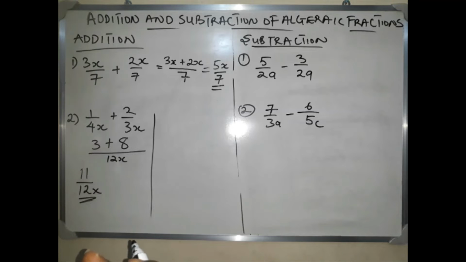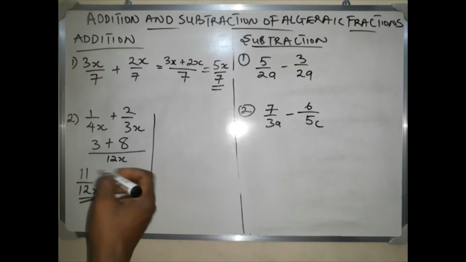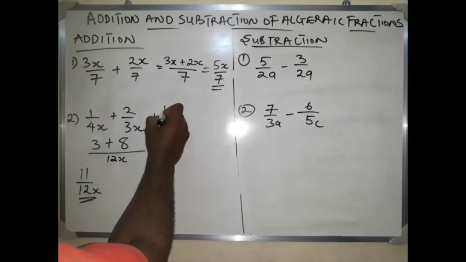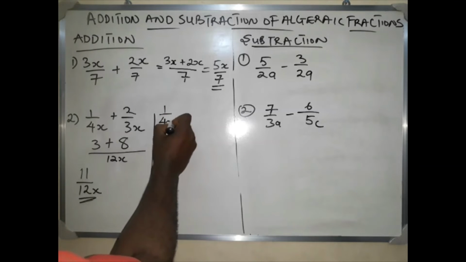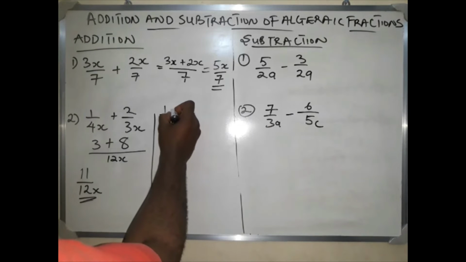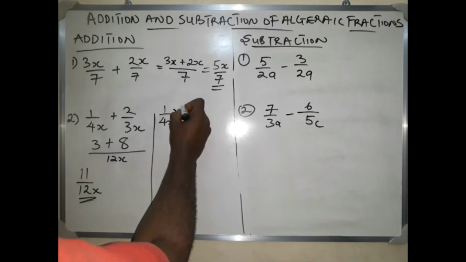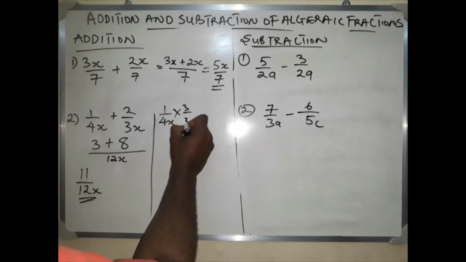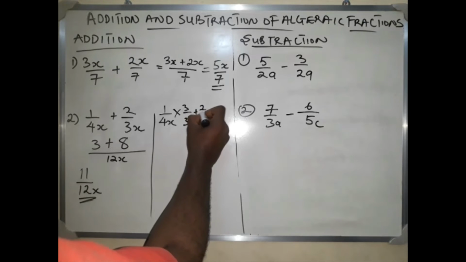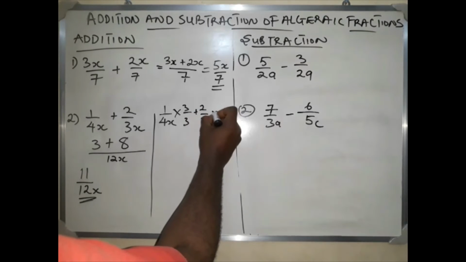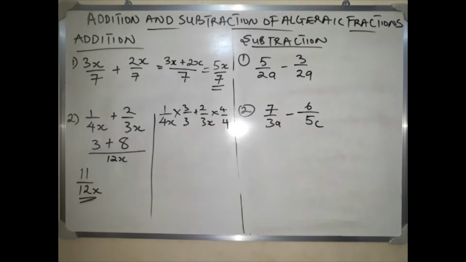When you finish multiplying them, these two fractions will be like fractions. So to do that, very quickly, I can say 1 over 4x times 3 all over 3, plus 2 all over 3x times 4 all over 4.